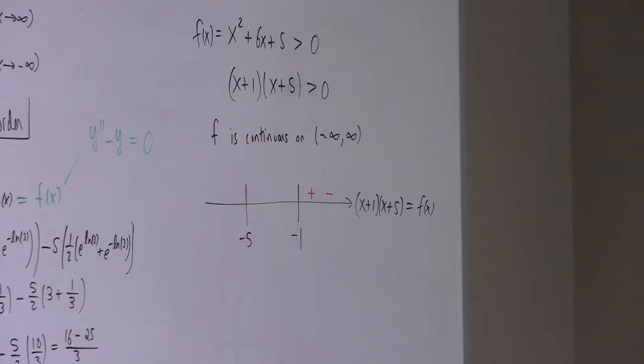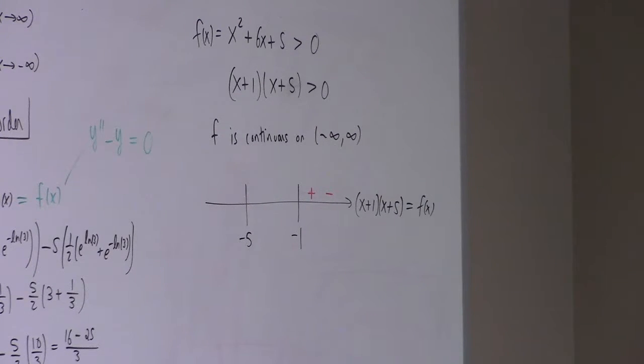So if f of a is positive and f of b is negative, then everything between those values has to be reached by the continuous function between a and b. In other words, there has to be some 0 between that plus and that minus on the number line. But that's impossible, because by factoring, I already figured out that the zeros are only minus 5 and minus 1, right?